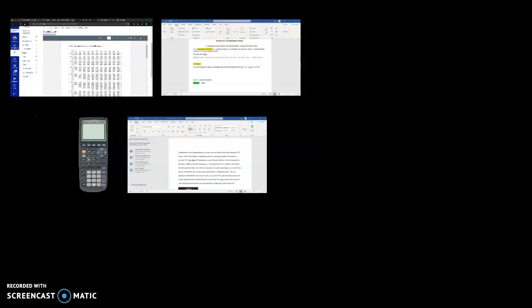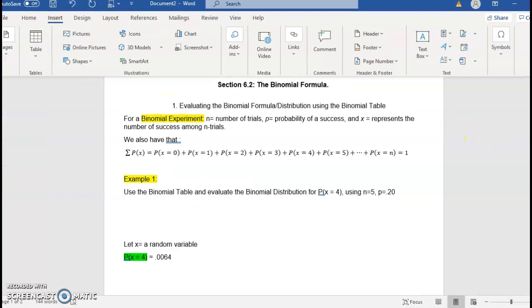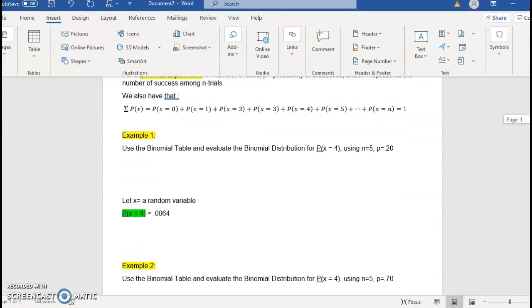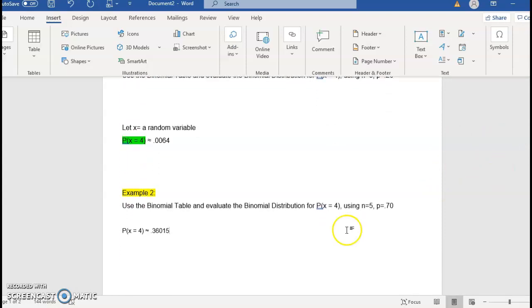Now, let's take a look at the second problem. In the second problem, you're evaluating the probability that x is equal to 4, but I modified it with p equal to 0.70, just so that you guys see the difference.